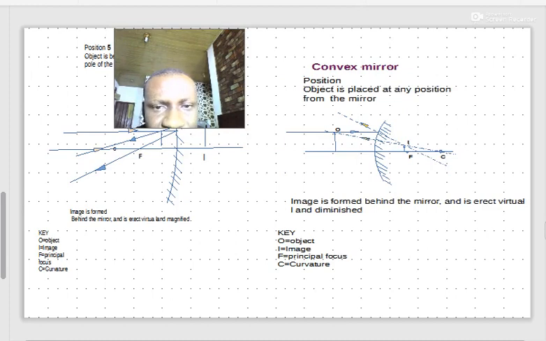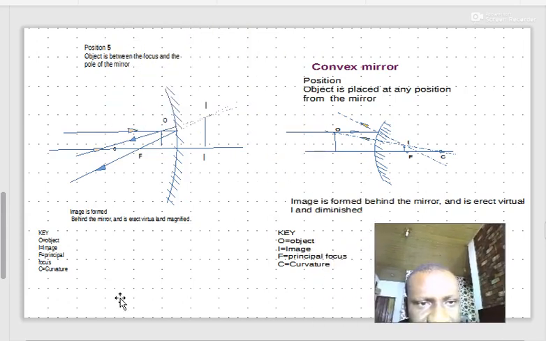Now, this is the position where the object is between the focal point and the pole. Here we can see that the image formed is this one, I. First of all, take a ray of light that strikes the mirror.